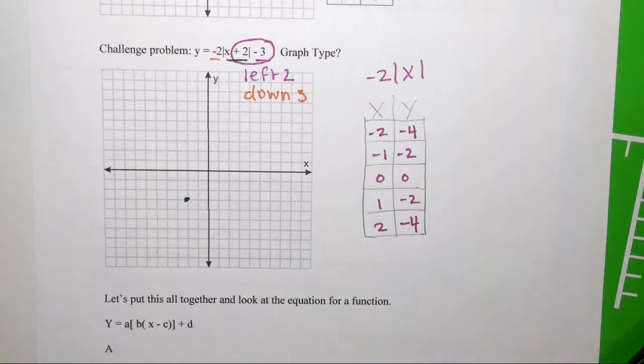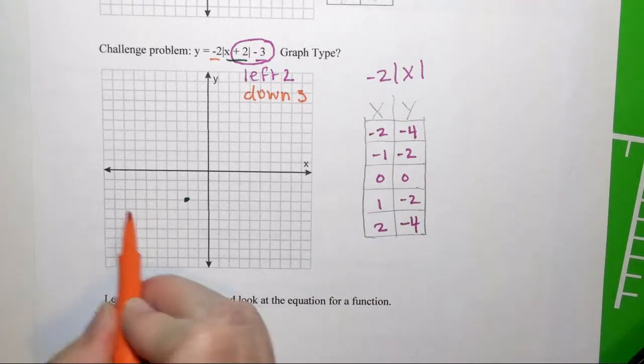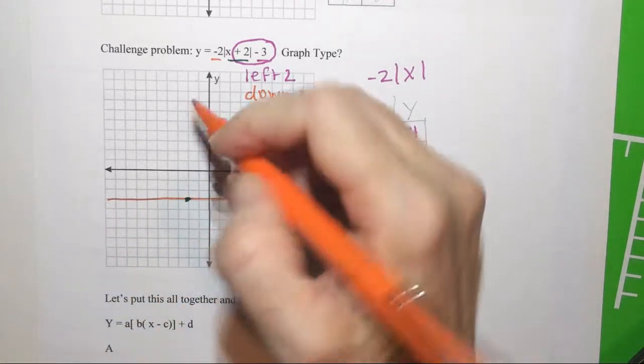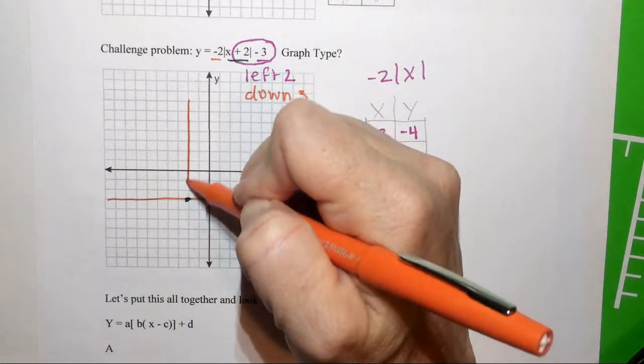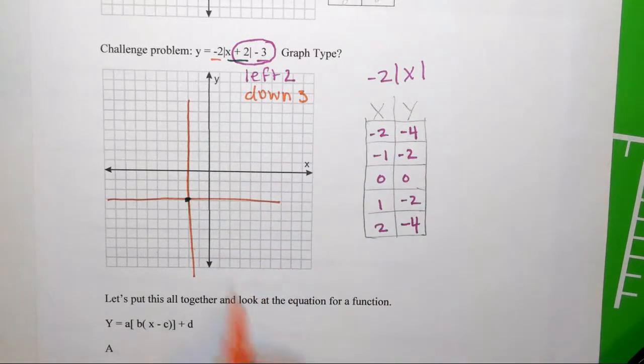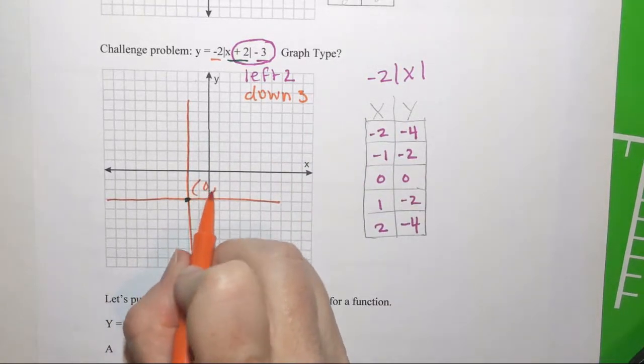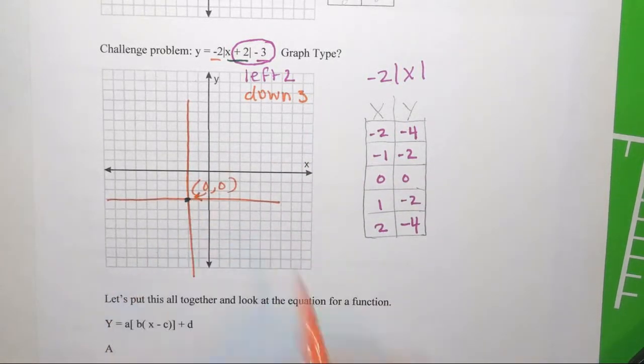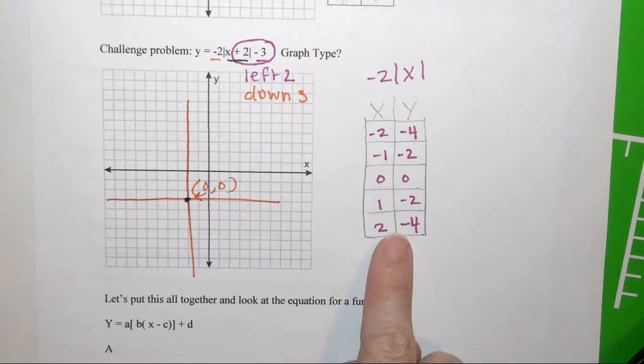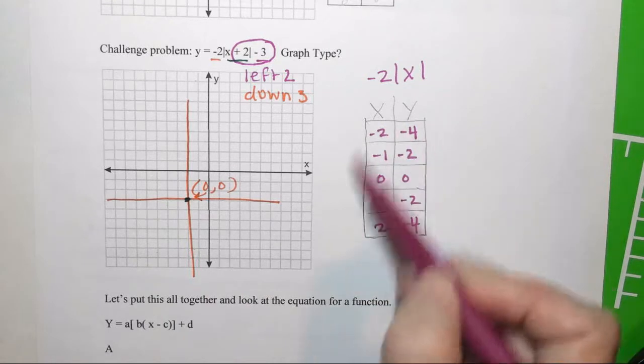Now the only trick you have to remember on this is you need to redraw your x and y axis at your new vertex. And we're going to count this as your ordered pair of 0, 0 right here. So now when you go to plug your t-table in, you're going to count this as 0, 0. So you count these over.